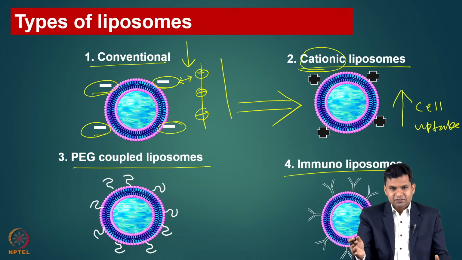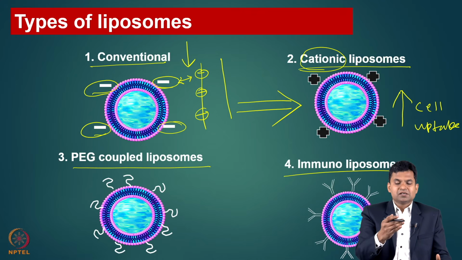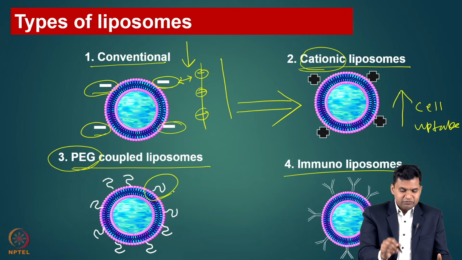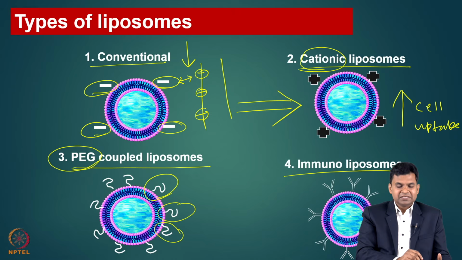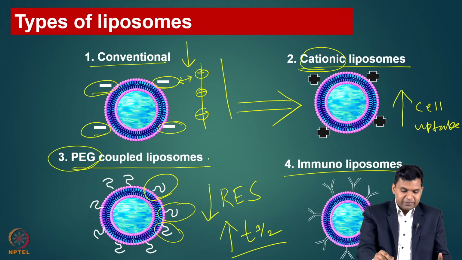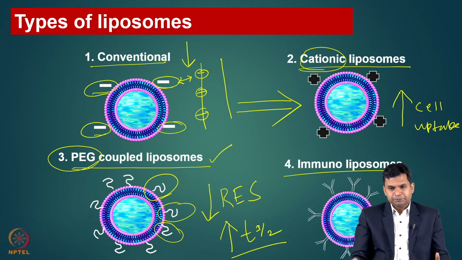Further, to avoid phagocytosis or the short half life of liposomes, people have developed pegylated liposomes. We already saw that polyethylene glycol has OH groups on the surface, which reduces uptake by the reticuloendothelial system, giving an improved half life in pegylated liposomes.